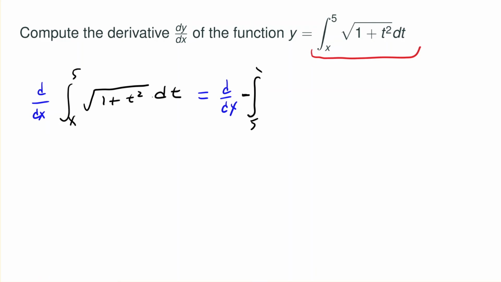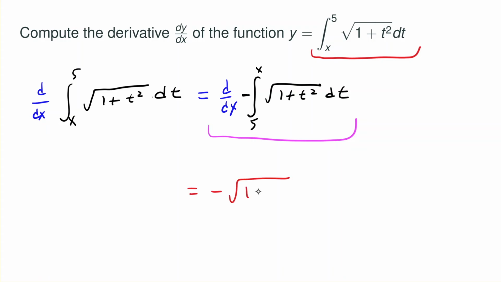So 5 and x, we can switch the lower and upper bounds if we put a negative sign here. And the inside stays the same. Now we can apply the fundamental theorem of calculus here, taking the derivative, where we just keep the negative sign, and get the square root of 1 plus x squared. So we took the derivative of that area function, and this is the derivative.